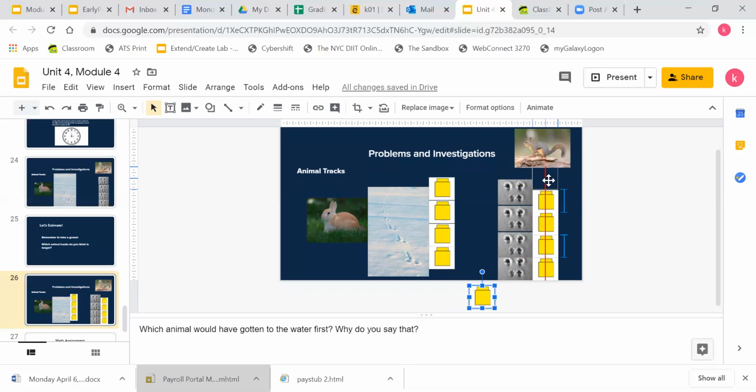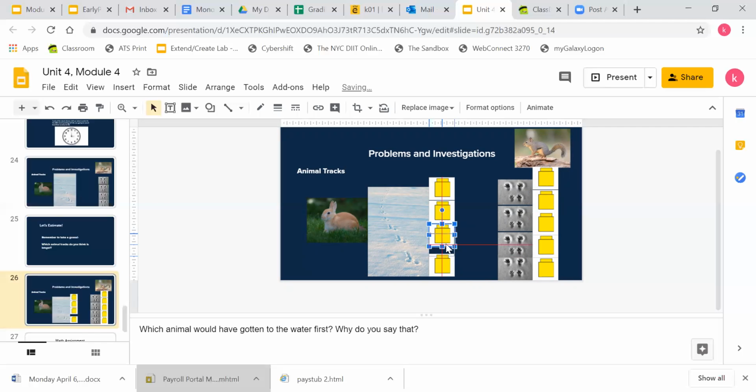We have 5. Wow. So it actually is not fully 5, but it's 4.5 Unifix cubes that the squirrel's tracks are. And the bunny's tracks are only 4 Unifix cubes.